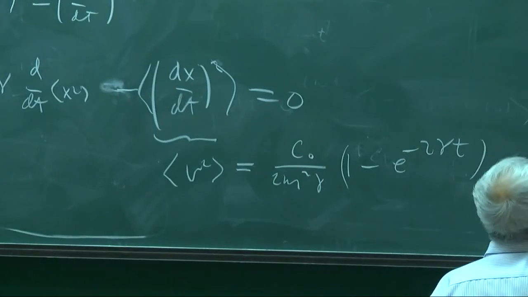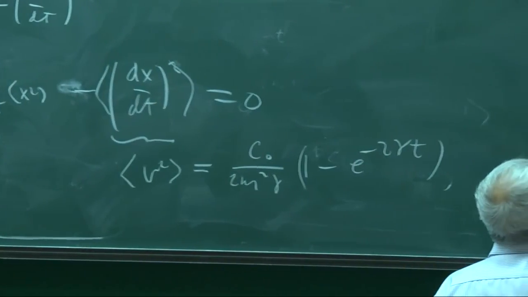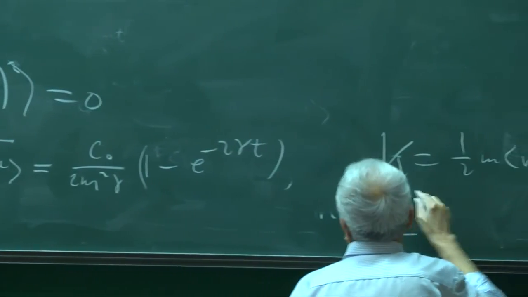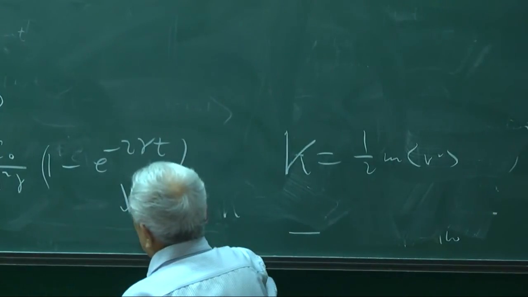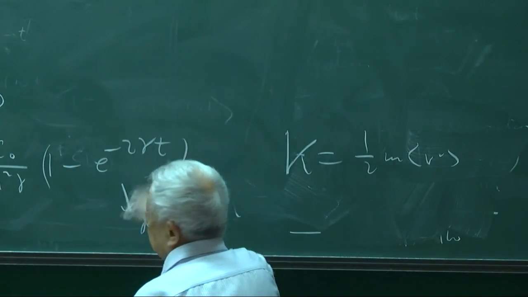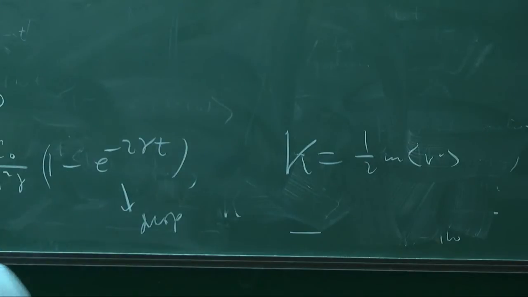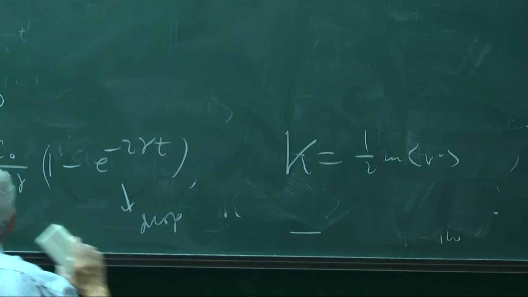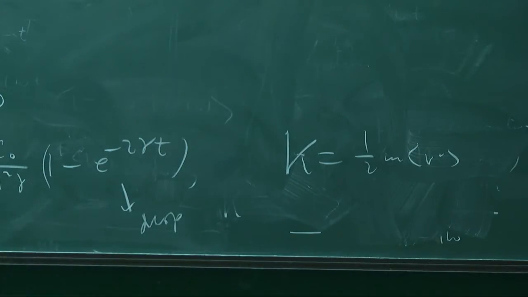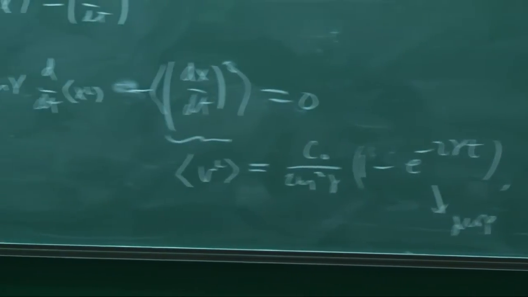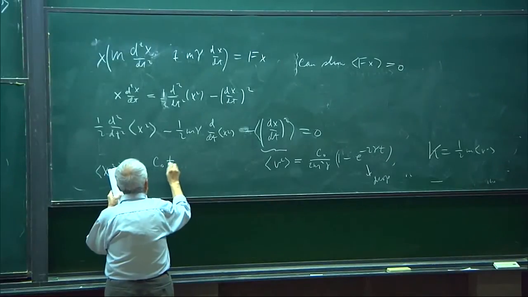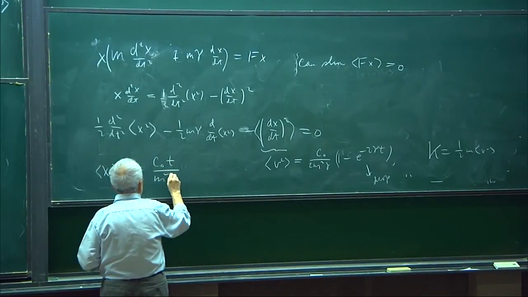Recall that the kinetic energy is equal to 1/2 m v squared. We have solved this, and this exponential we can drop if time is long enough. And therefore x squared is equal to C0 t over m squared gamma squared.